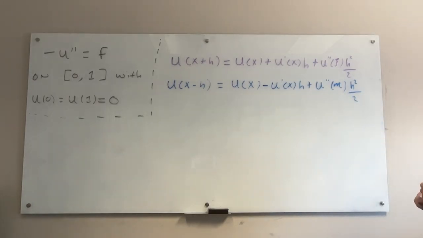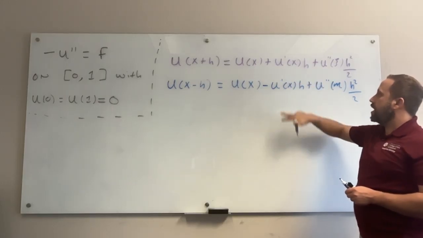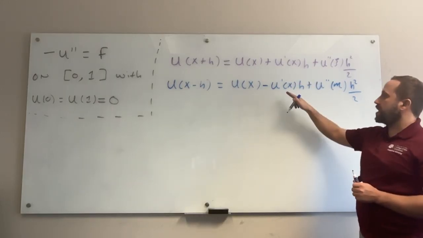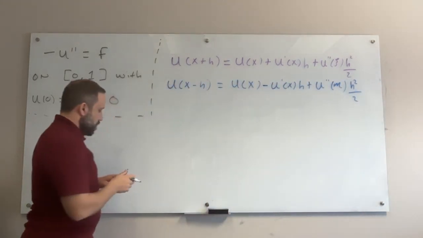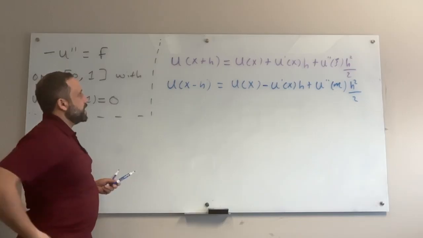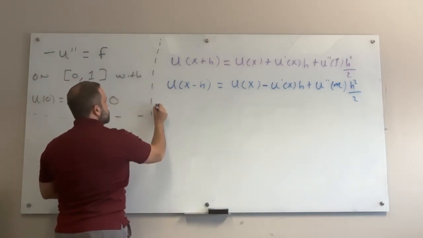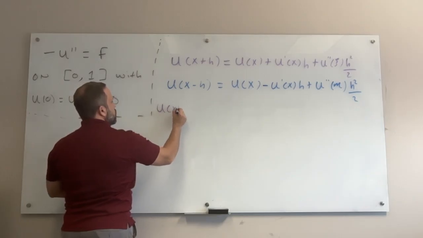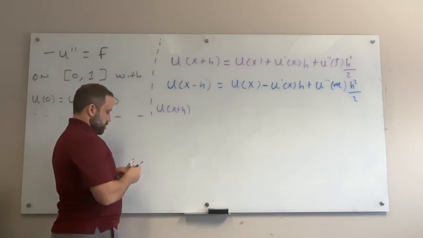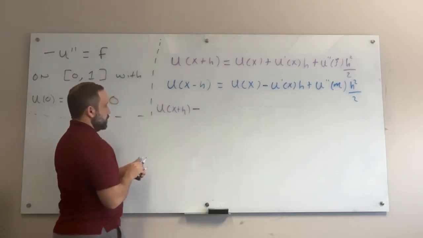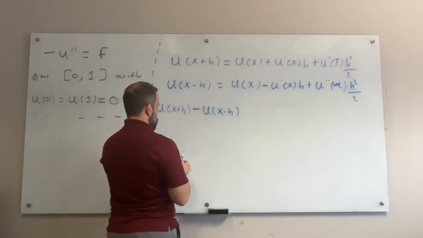Now what I want to do is I'm going to subtract this equation from that equation and solve for u prime of x. So what I'm going to get when I do that, I'm going to try to keep things color-coded. That seems to be something that I'm doing today. This minus this is going to be u of x plus h minus u of x minus h.